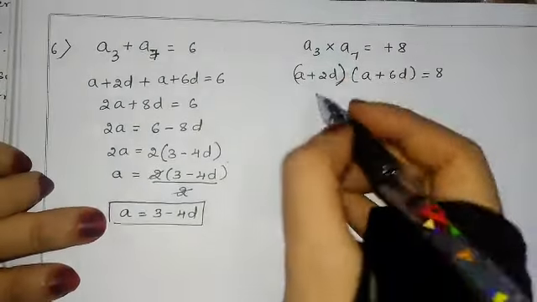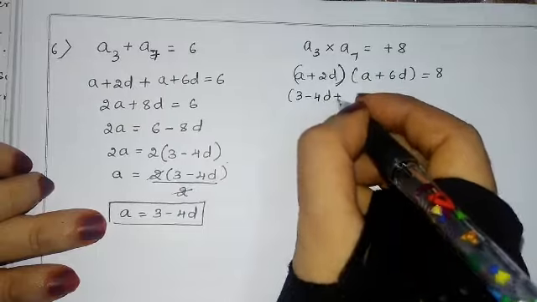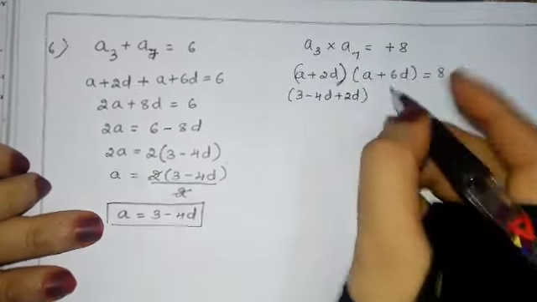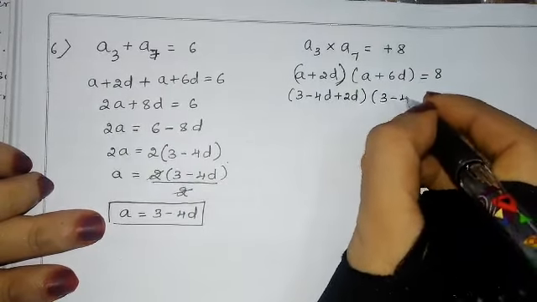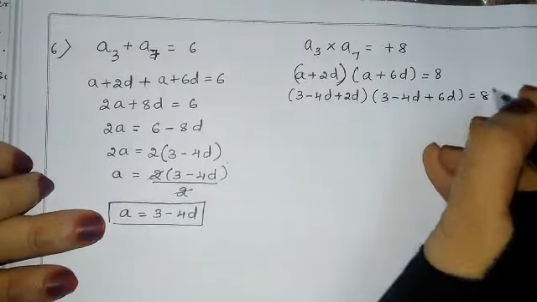In place of a, 3 minus 4d plus 2d as it is. In place of a, 3 minus 4d plus 6d as it is, equals 8.